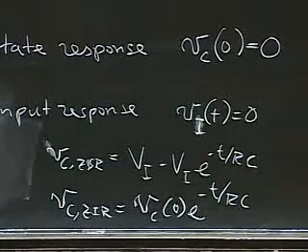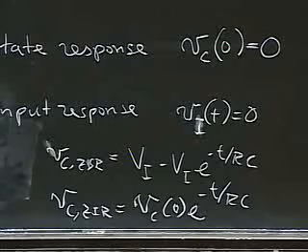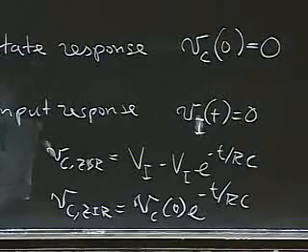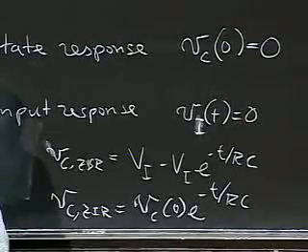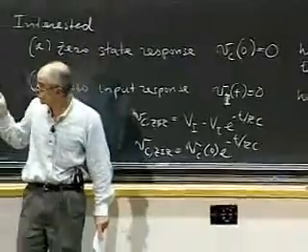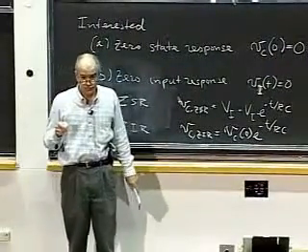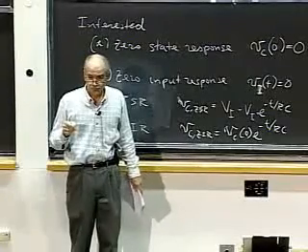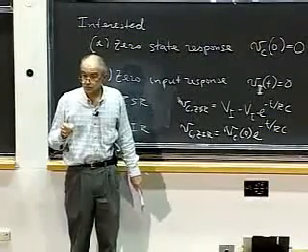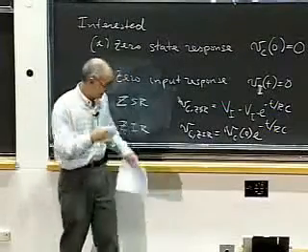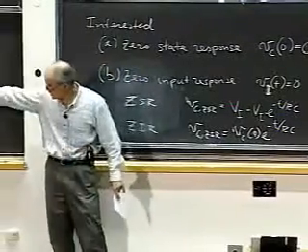Now, do you see something that's rather obvious from what's on the board in terms of the ZIR and ZSR and the final complete answer? Yeah, there are specific cases, but how do they relate to the full answer?